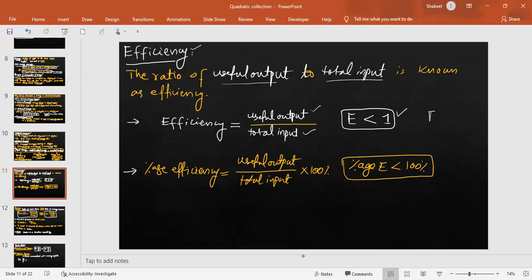Well, the ideal system has an efficiency of 1 only. For that, the system should be ideal. Ideal means that there is no energy loss. For percentage efficiency, it is useful output over total input multiplied by 100%. And again, the percentage efficiency can never exceed 100%.